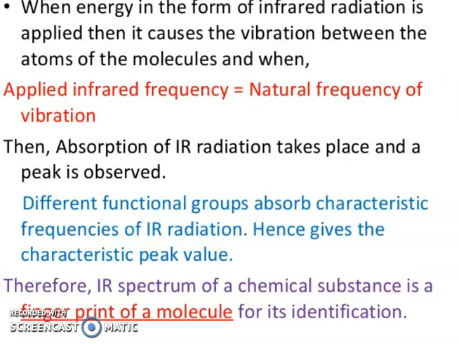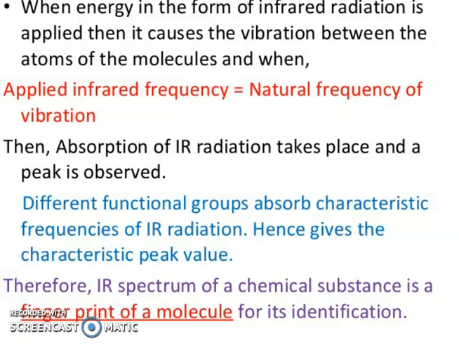Now, when energy in the form of infrared radiation is applied, it causes vibrations between the atoms of the molecule, and when the applied infrared frequency is equal to the natural frequency of vibration, absorption of IR radiation takes place and a peak is observed.